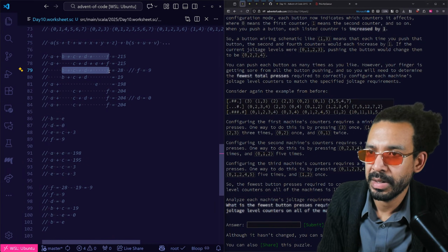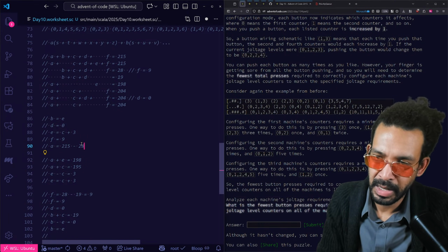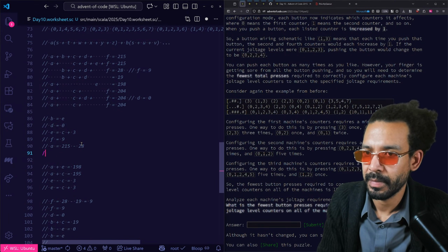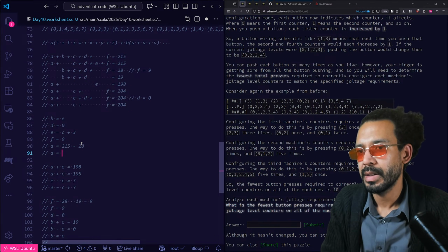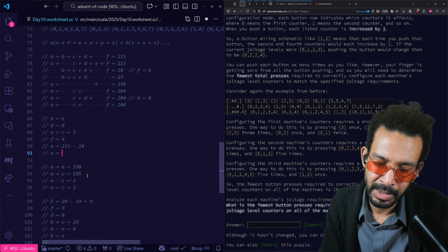So this bit here is equal to 28. So thank you for that. A equals 215 minus 28. So then A equals 285 plus 2, 287.